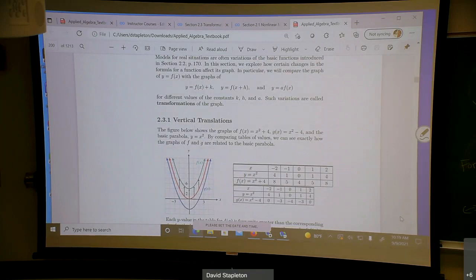The graph of y equals f of x plus k is, as you can guess, the graph of y equals f of x, and what does it do to it? Just shift it up. Okay, just add k to every y coordinate, right? So shift it up k units in y.